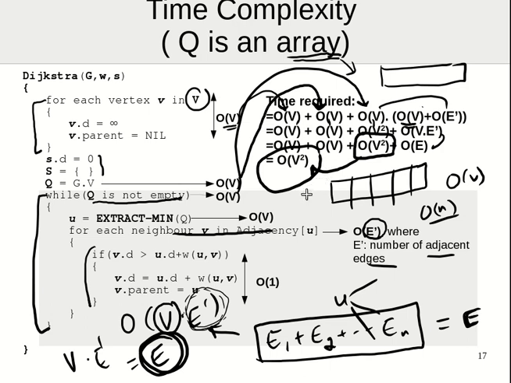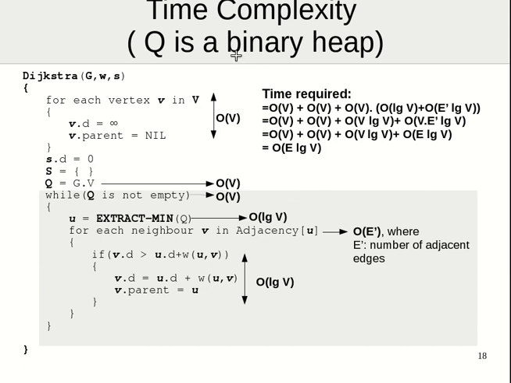This can be improved by using a binary heap. If you implement a minimum priority queue using a binary heap, for which you need to understand what a binary heap is, then this part is not changed. This is order of V itself, this is order of V itself, but extracting the minimum now would take only log V time.